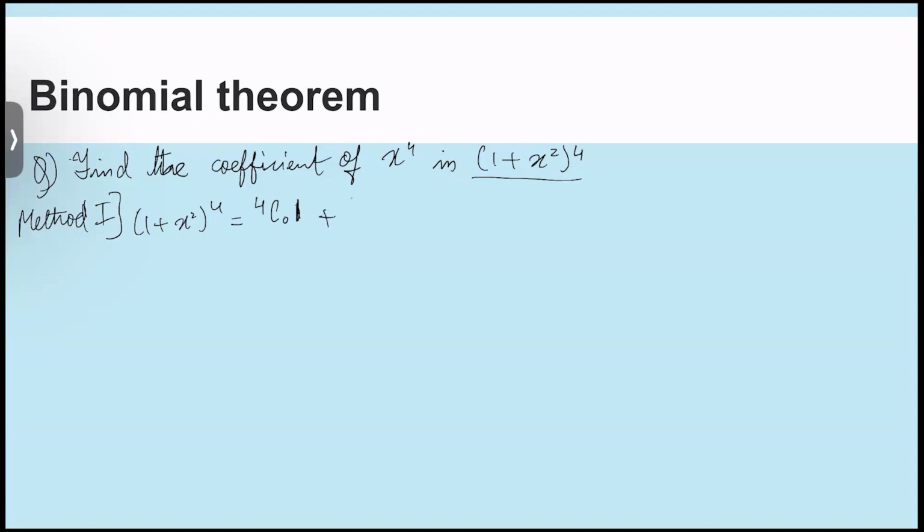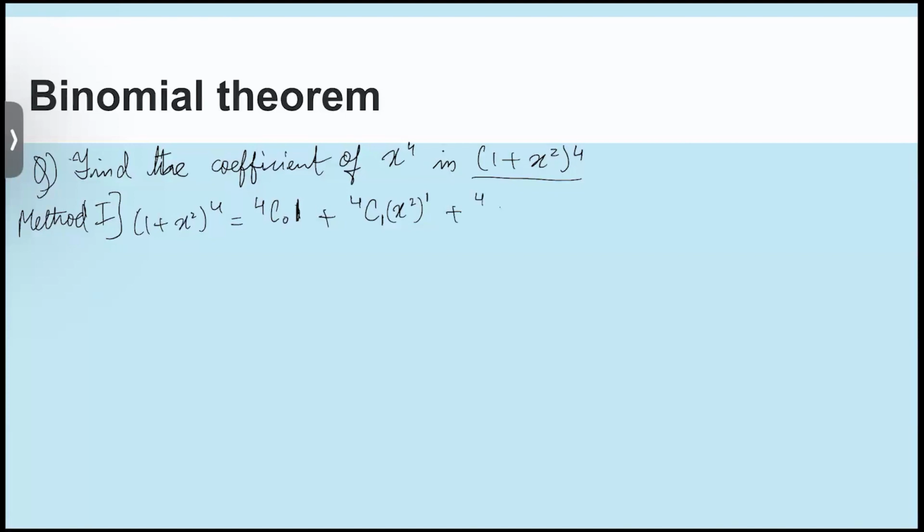Then the next term will be 4C1. The a part, 1, will remain 1, so we will not be writing it. Now x squared will be raised to 1, because the index of the b part, which is x squared here, goes from 0 to 1.